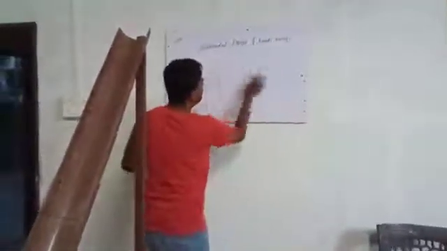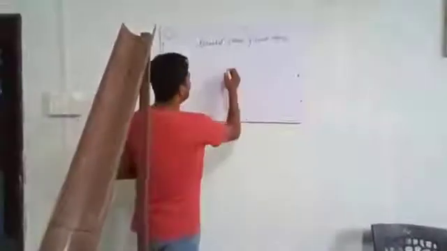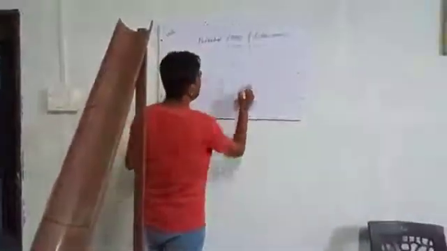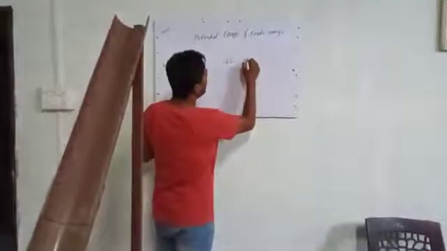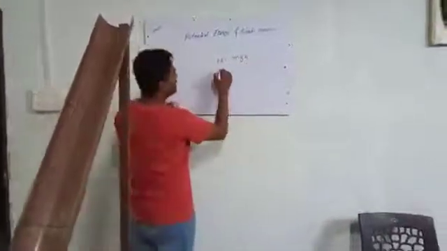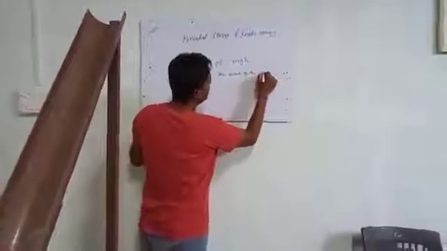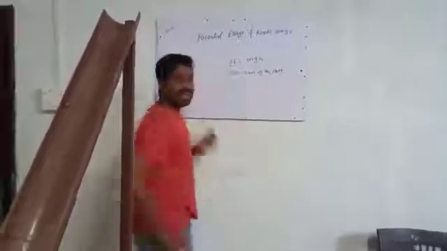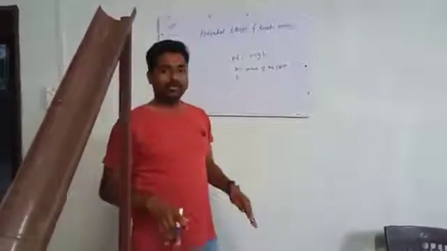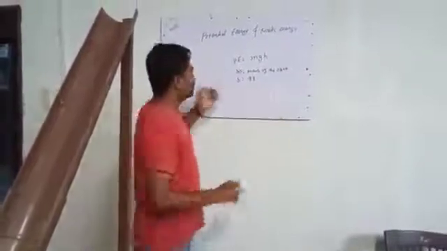Now let me tell you the formulas related to potential energy and kinetic energy. For calculating potential energy, we use the formula m into g into h. That means m is equal to the mass of the object, g is the acceleration due to gravity. You know that it is 9.8 meters per second square.